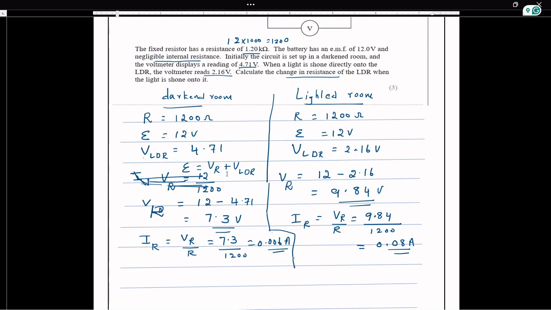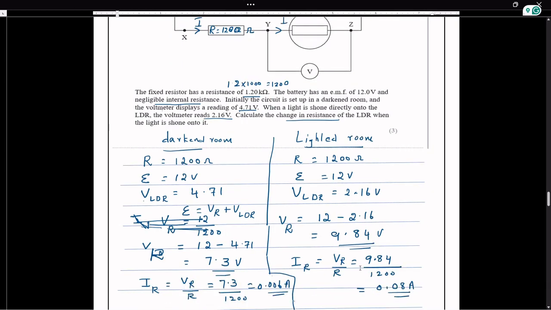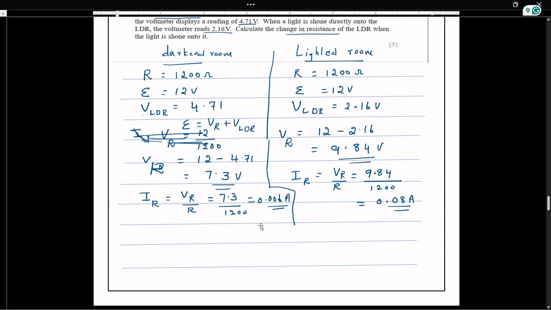Now, let us have a look at the circuit. The current through the resistor is the same as the circuit current, which is the same as the current through the LDR. So the current through the resistor is 0.08 in the lighted room, and the current through the LDR is also the same.